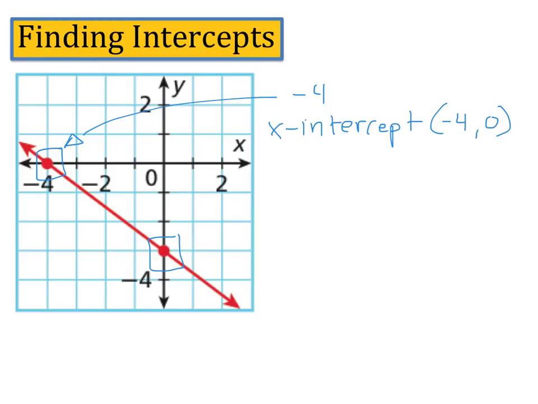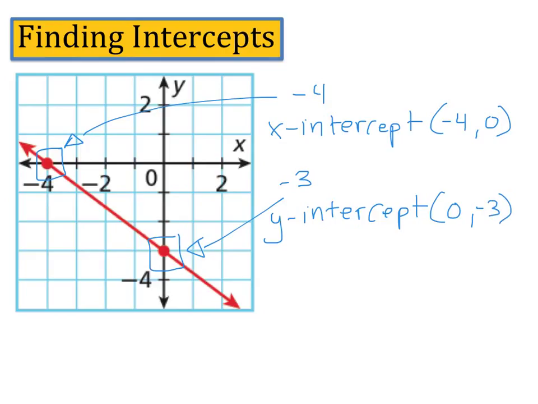Then when we look at our y-intercept, this is where the line crosses the y-axis. So the line crosses the y-axis at -1, -2, -3. So we say the y-intercept happens at (0, -3).